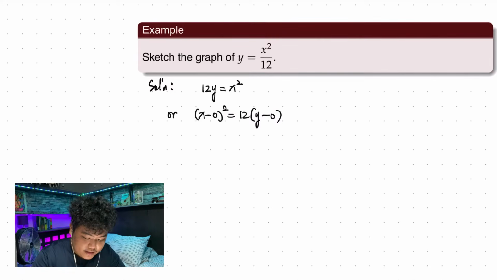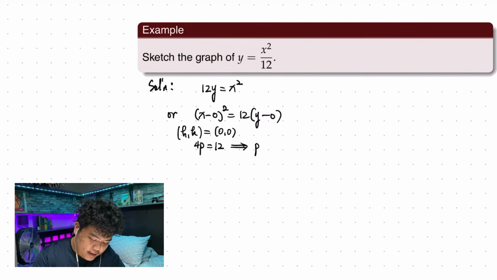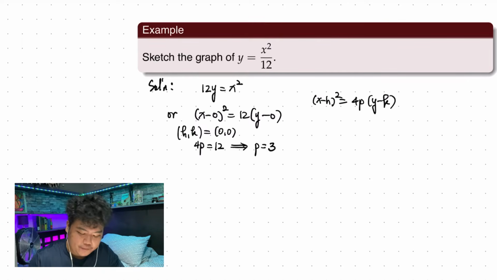So, from here, this is h, this is k. At ano raw yung number na nandito? That is 4p. So, 4p is 12. Meaning, p is equal to 3. Yung form na ginamit natin is x minus h square equal to 4p y minus k. Okay? Naka-square yung x, so therefore, the parabola opens upward or downward. But since p is positive, the parabola will open upwards.